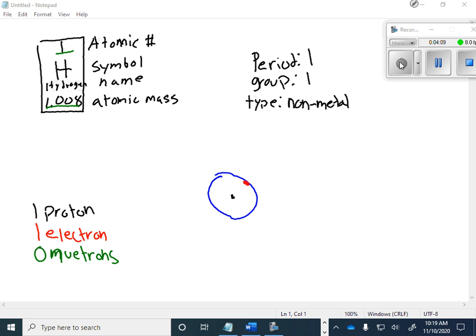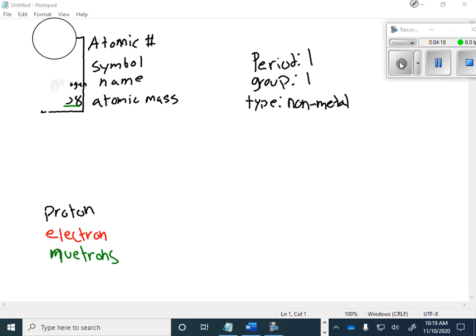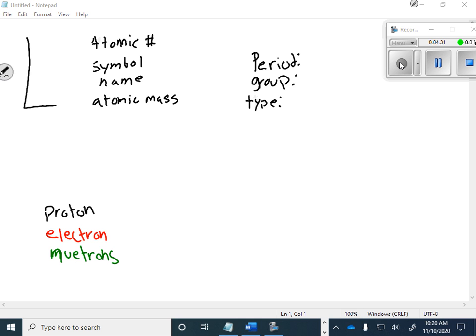So let me do another one as an example. Let's say for this example, let's use lithium. So lithium is number 3 on the periodic table.